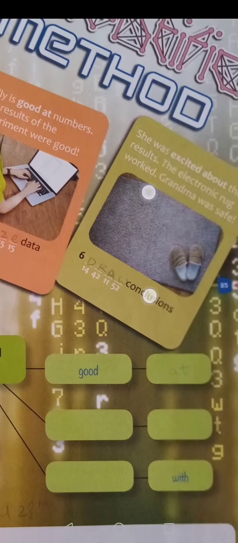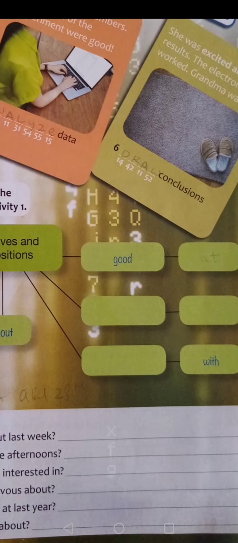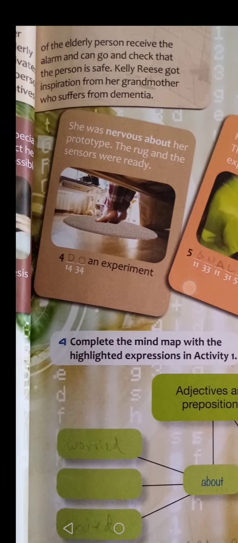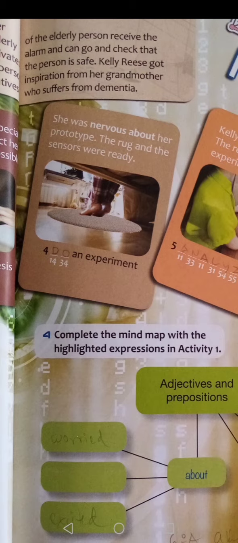So, this vocabulary is very interesting. Let's read what is at the beginning of the text. Look at the picture. This is Kelly Reese and her invention, a rock for elderly sick people.